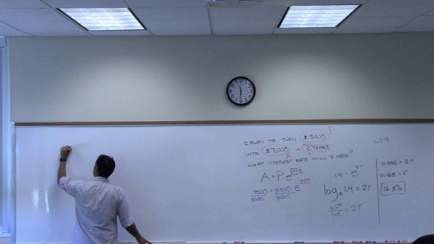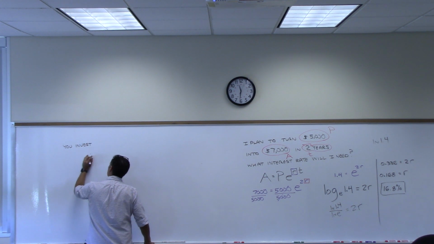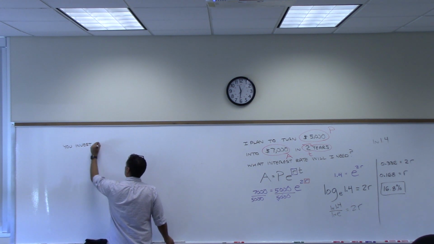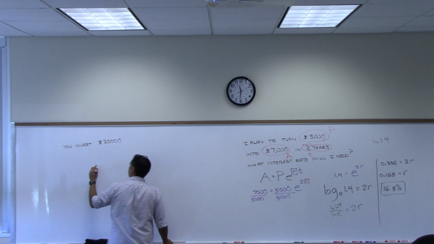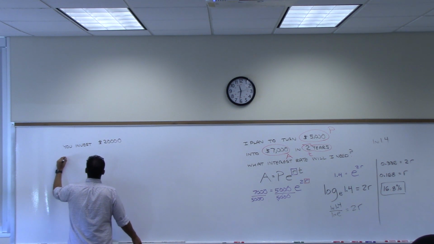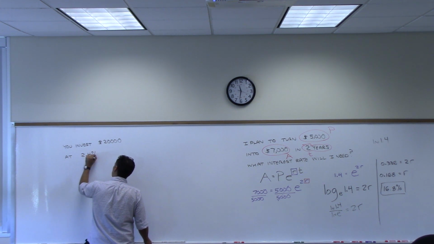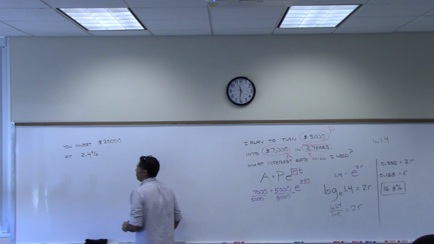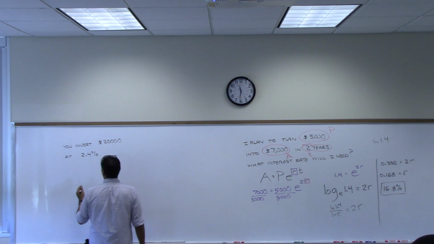You invest, let's go, $20,000 at 2.4% interest rate. So you can put some money into a bank, $20,000, 2.4%.